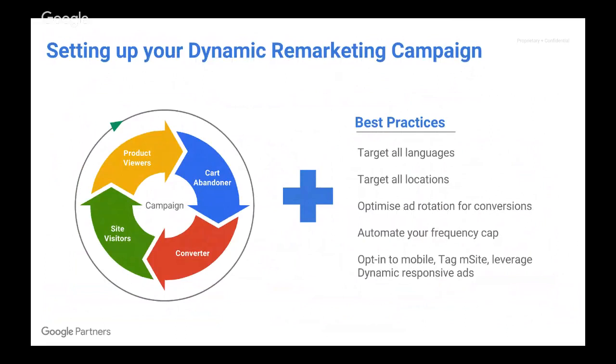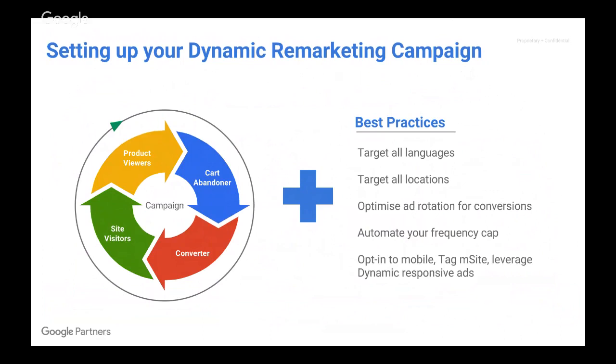Having said all that, once you've decided who you are going to target, please also remember the best practices in setting up dynamic remarketing campaigns. The audience solution for remarketing already narrows your traffic to a very specific segment type.